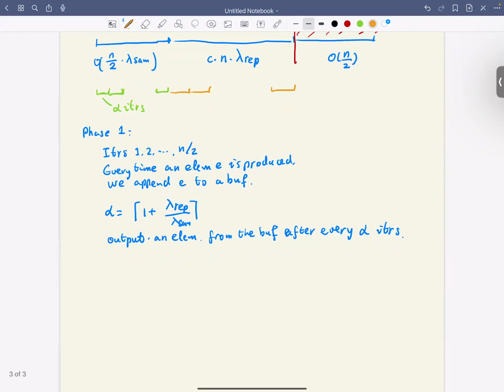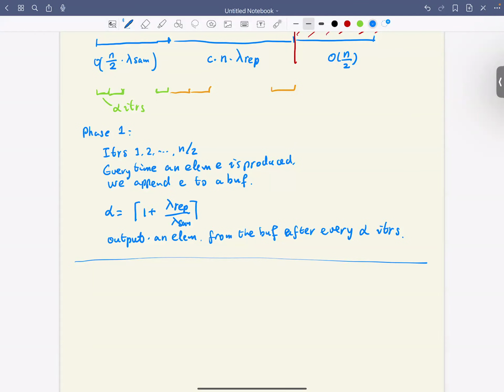So to give you an idea why this works, even though this is part of the detail, if you think about it, I have n/2 iterations in the first phase, right? And now I will output something after alpha iterations. So compared to solution one, which outputs an element every iteration, I will be outputting just 1/alpha of the n/2.